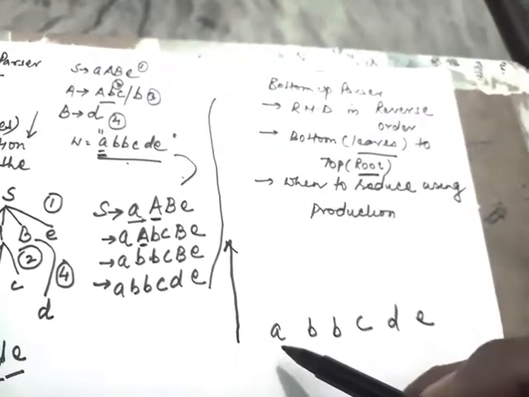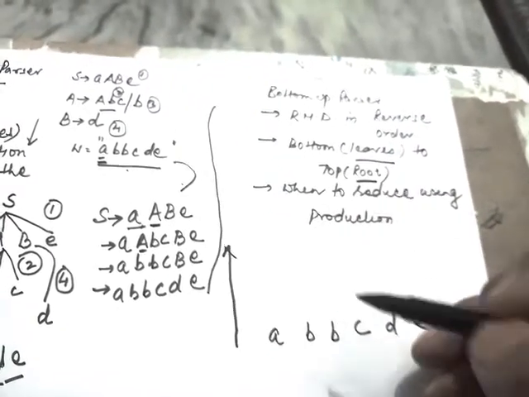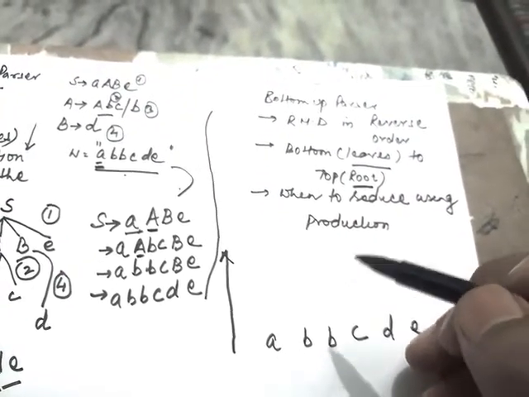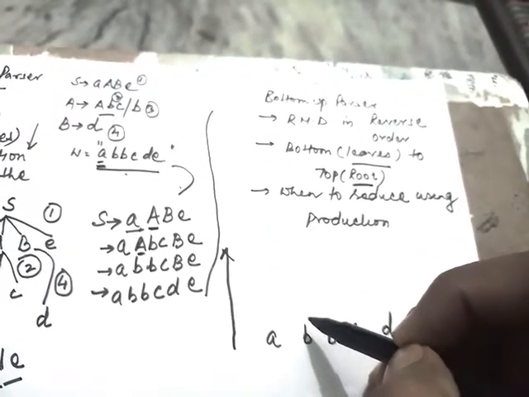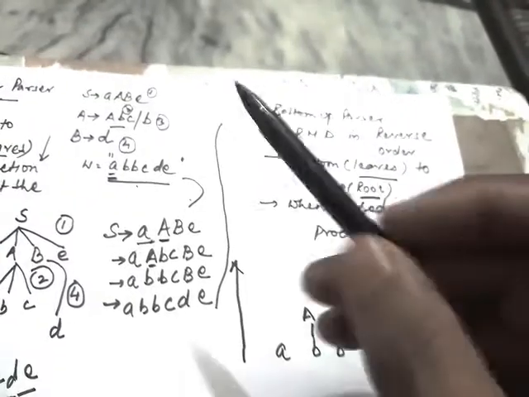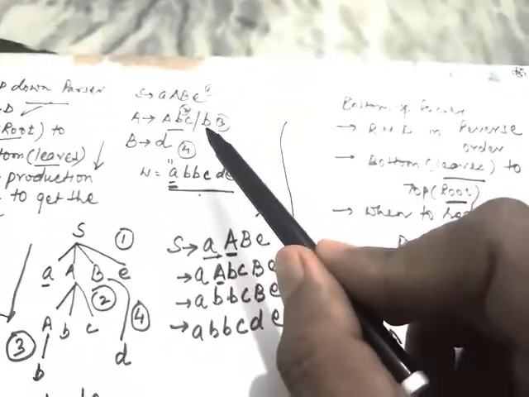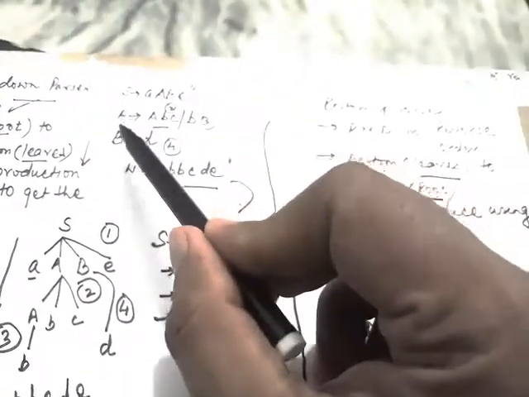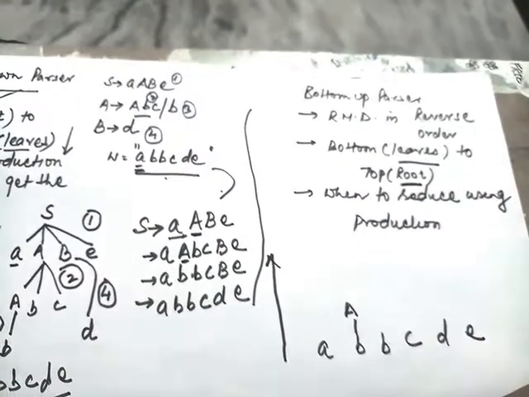It means we move from leaves to root. For example, I can say that this b can be reduced to A using this production. A generates b, so I am using production number 3.